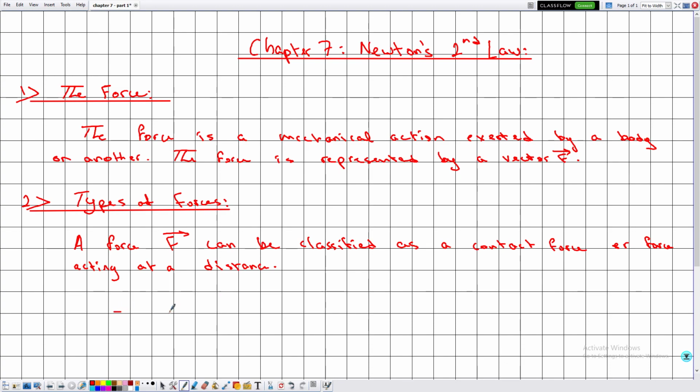So the forces that act at a distance are simply given by three forces.